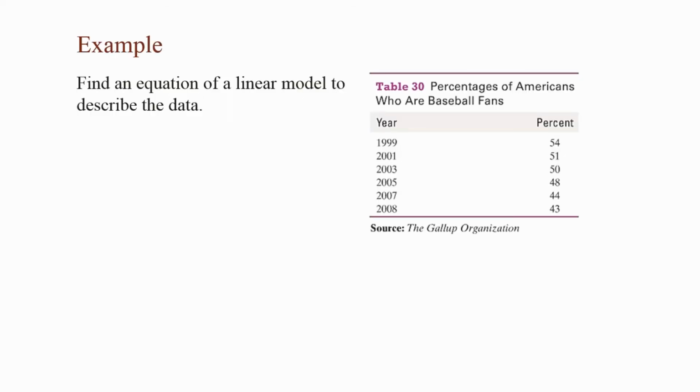So the first thing I need to do is find my slope. M equals the change in y over the change in x. Then once I have my slope, I can use the slope-intercept form of the line to find b, then use the slope and y-intercept to find the equation of my line.